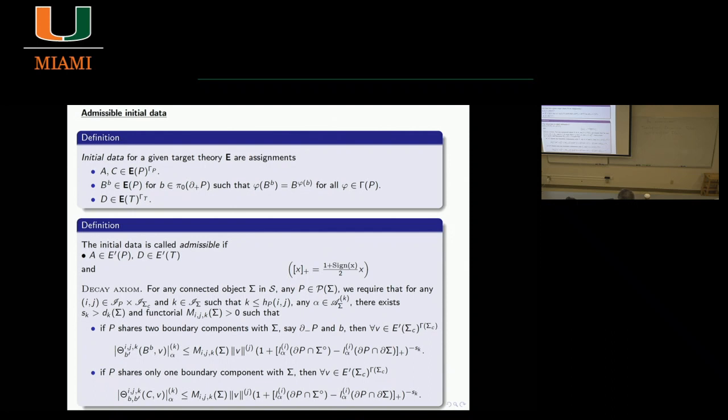This should be less than this constant times this funny norm, remember the supremum of all seminorms for the J of that vector, times 1 plus the positive part of however much the length of the interior boundary of the pair of pants is longer than the exterior part of the length, to the minus S_K.